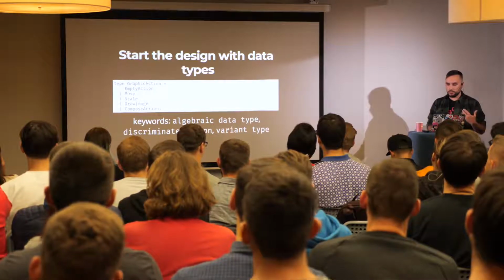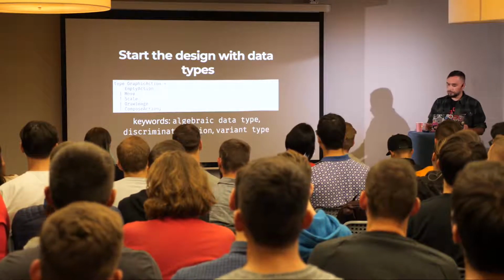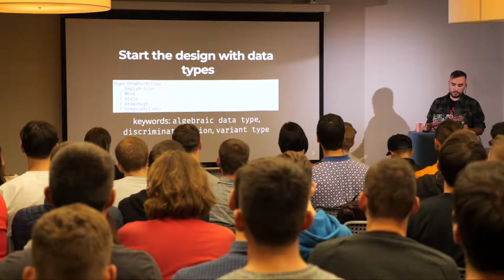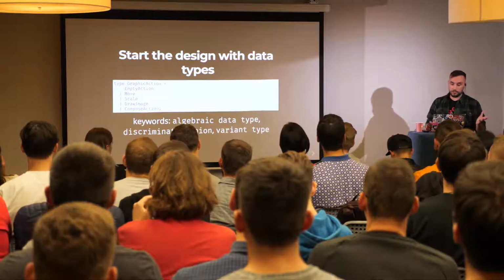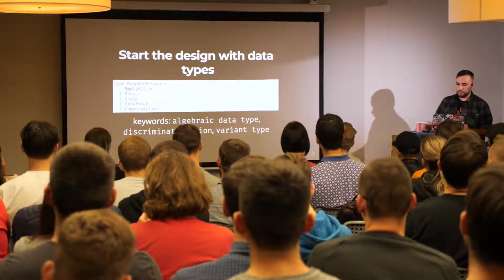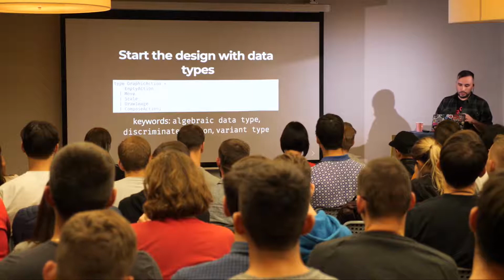Draw image will have some information about sprites. I don't know, it might be some name or reference to a resource manager. It depends on your runtime. And empty action and compose action are helper things that will help you to compose those actions.